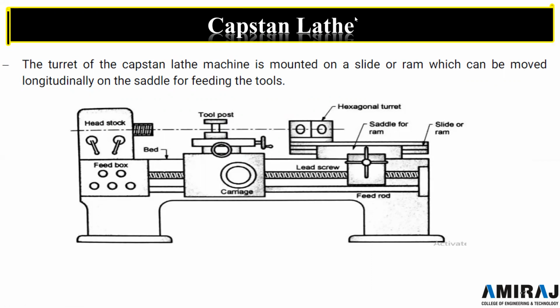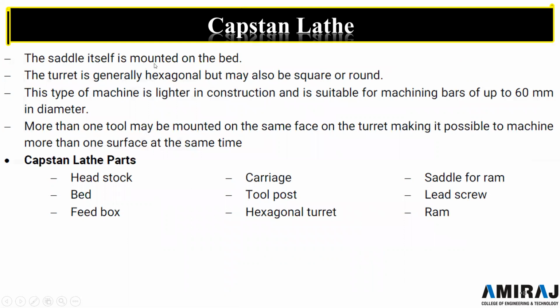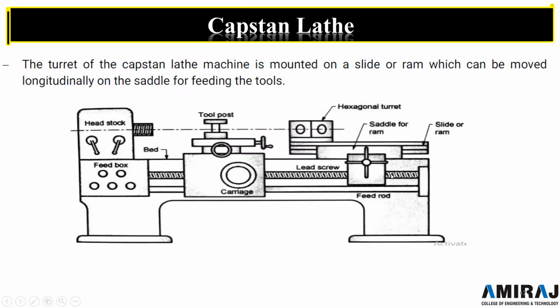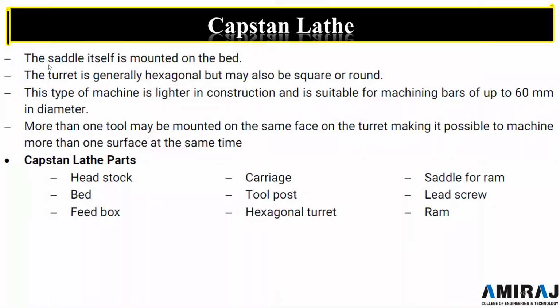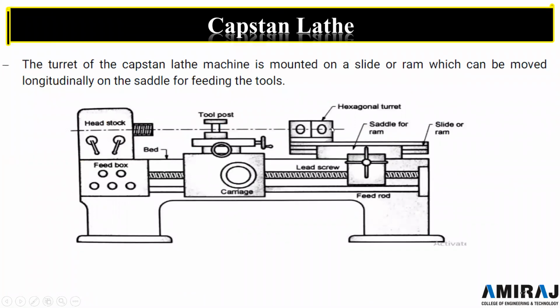Now let us see the next part. The saddle itself is mounted on the bed. Here you can see that the saddle is mounted on the bed. The turret is generally hexagonal but may also be square or round. Here it is hexagonal, but it is not necessary that it should be hexagonal.